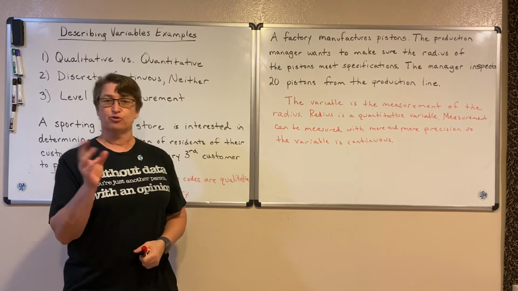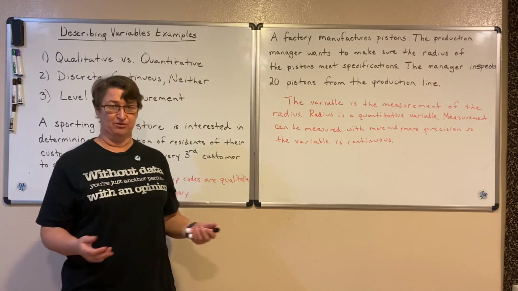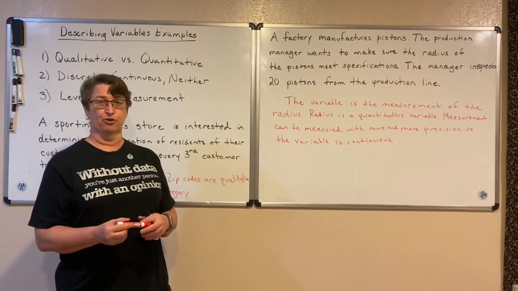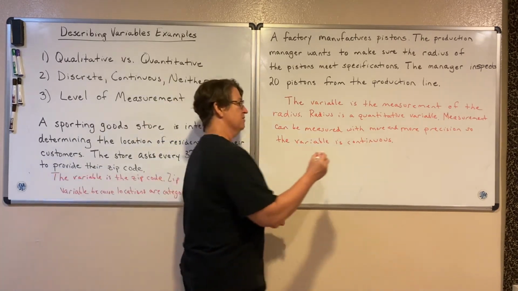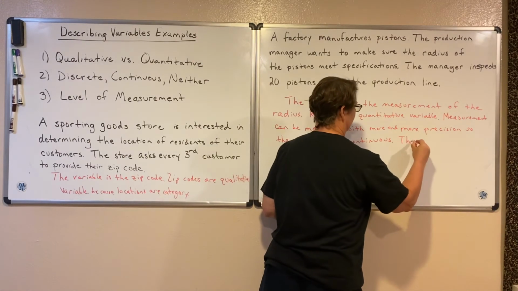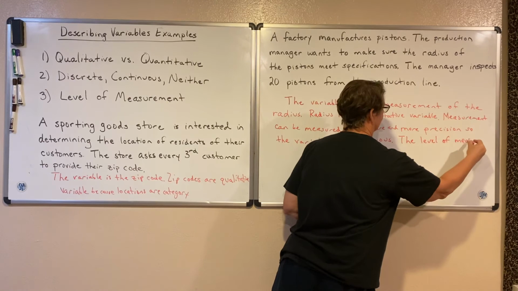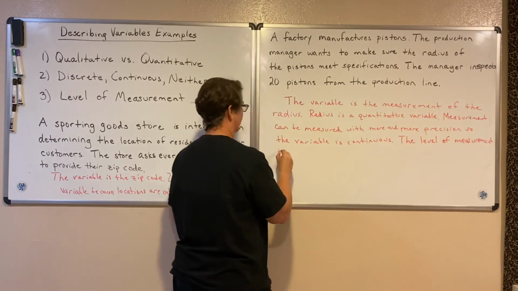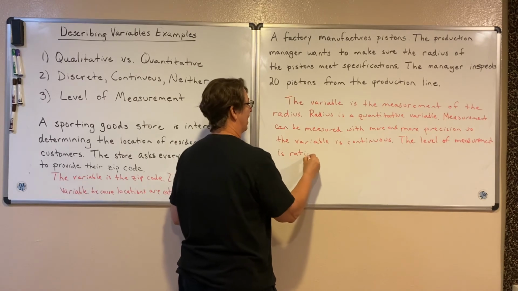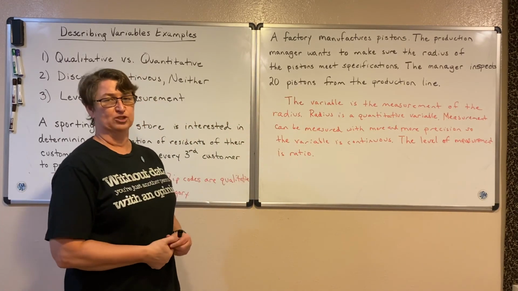And sure enough, if the radius is 0, that means there's no piston there. There's an absence of a piston. So since there is a true 0, this is a ratio level of measurement. And I can perform all math that I want to be able to perform on that level of measurement.